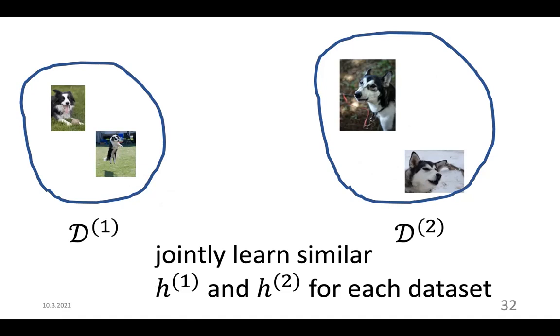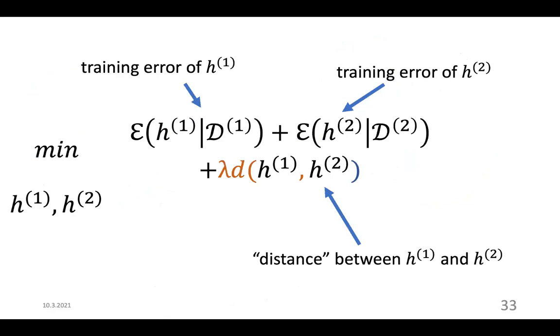A border collie looks more similar to a husky than to a car. So these hypothesis maps should be somewhat similar. And this is again a special case of regularization. Here we minimize the training errors for both problems plus the regularization term, which measures the distance or dissimilarity between the two hypotheses. So we want those two hypotheses to be similar, or the distance to be small.